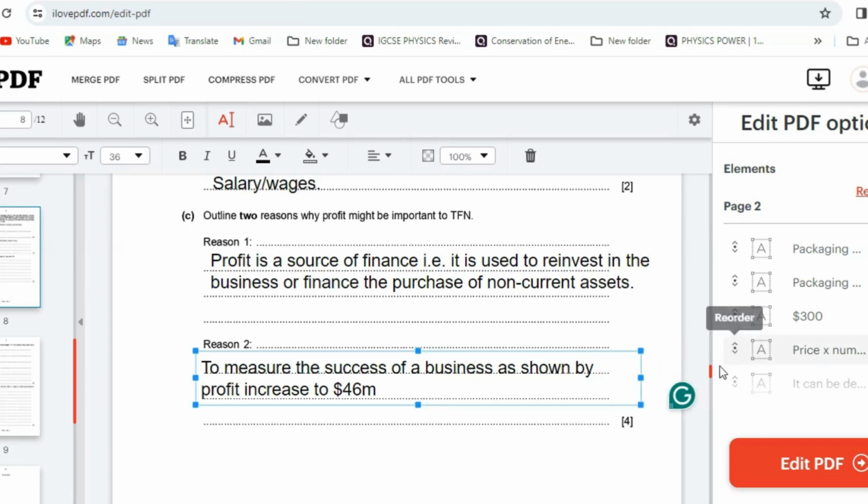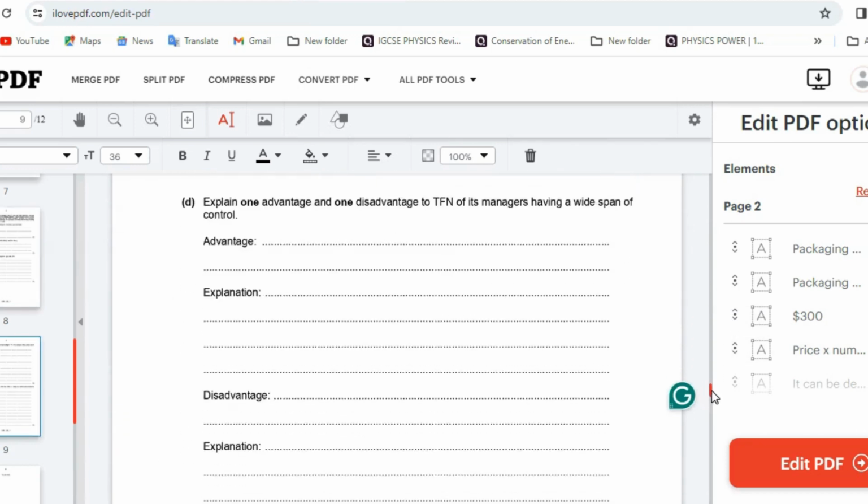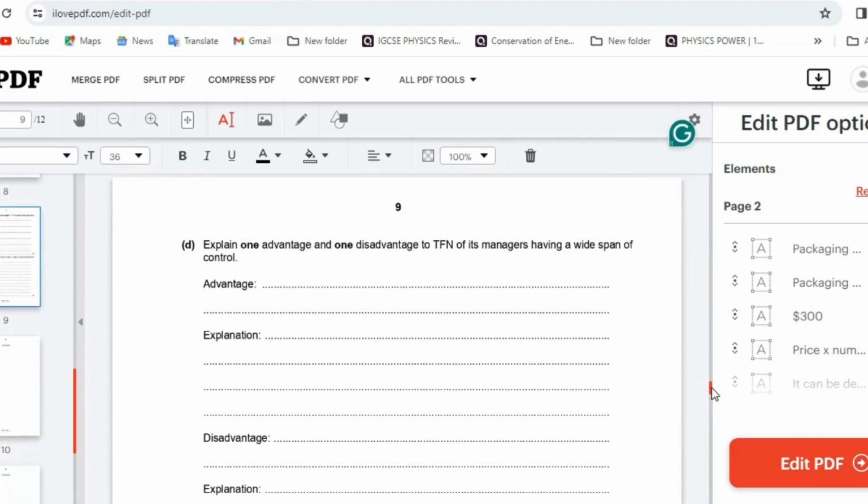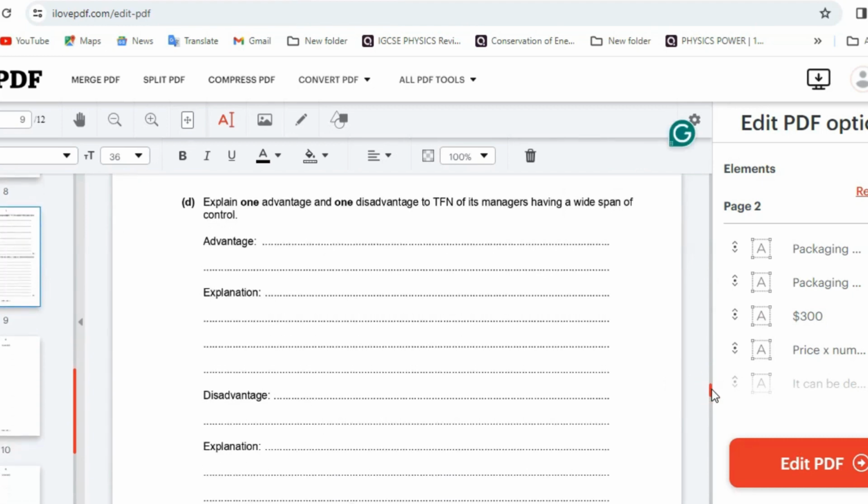Now let us move to the next question. We have question 4D. Question 4D says, explain one advantage and one disadvantage to CFN of its managers having a wide span of control.